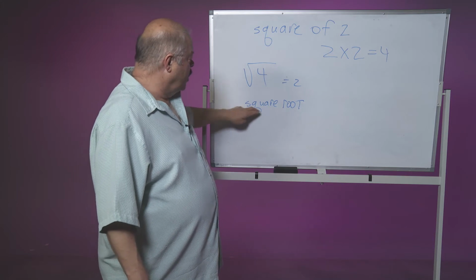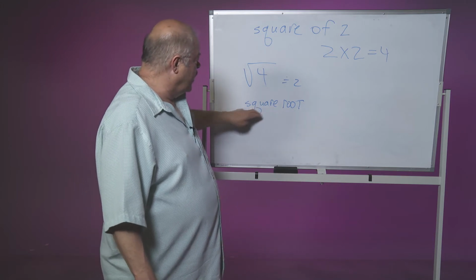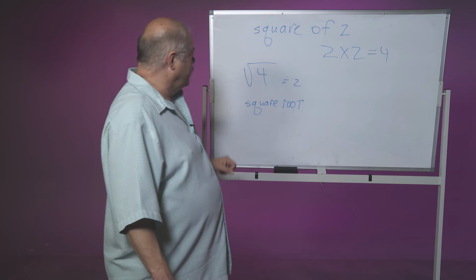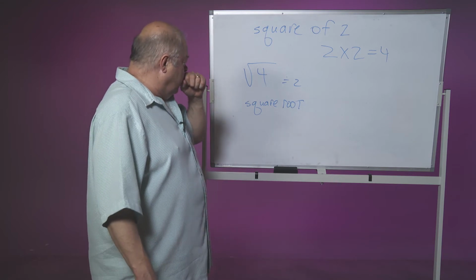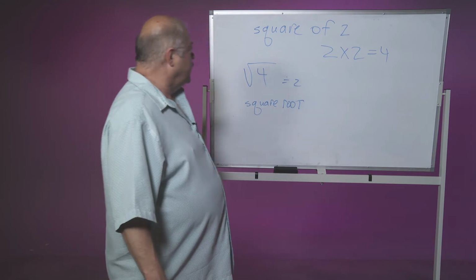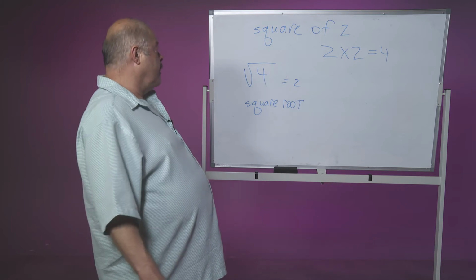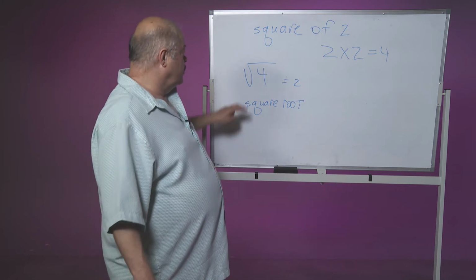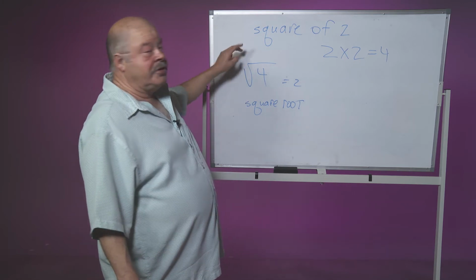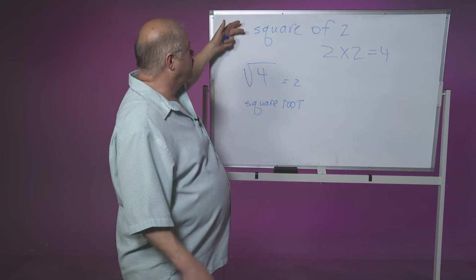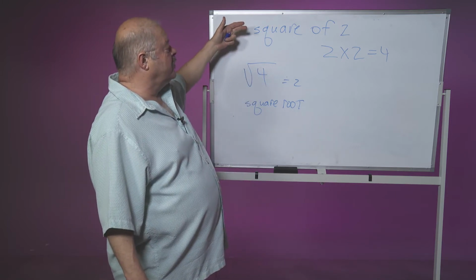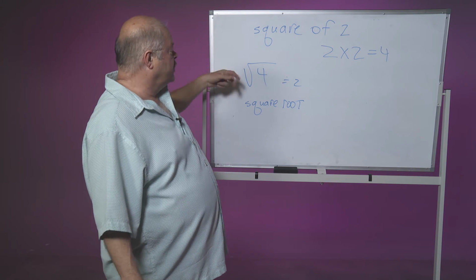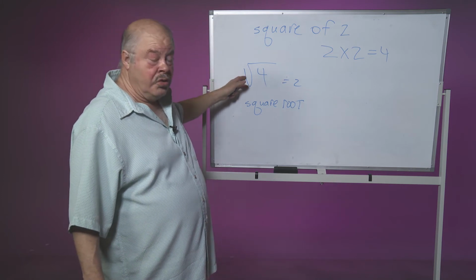Again, part of the word is in the answer they give, or the definition. Just be aware, to make sure you understand that there's a difference between when someone asks you for the square of a number versus the square root of a number.